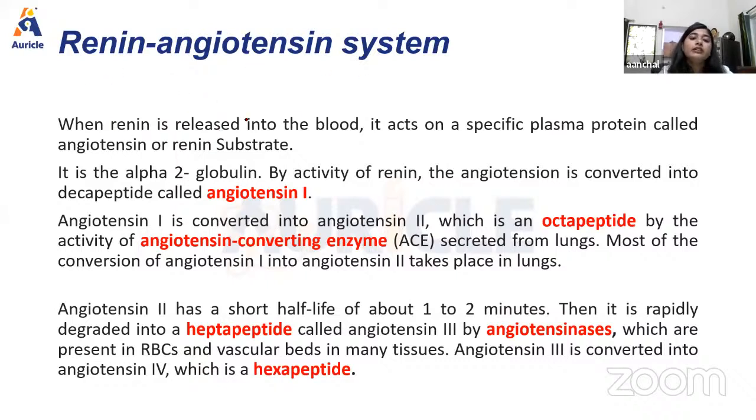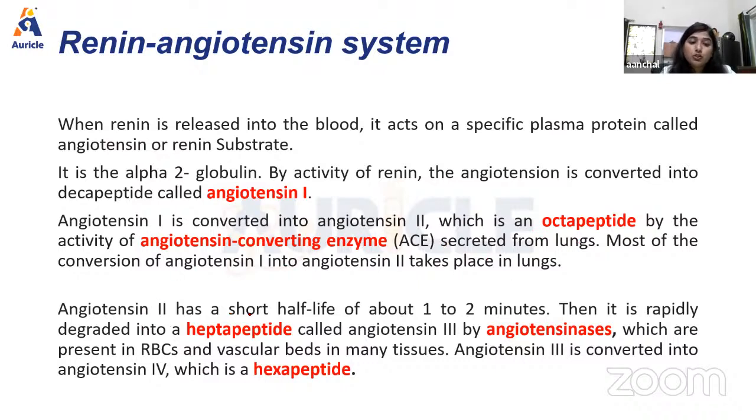Whenever renin is released into the blood, it acts on a specific plasma protein known as angiotensinogen or renin substrate, which is an alpha-2 globulin. By the activity of renin, angiotensinogen is converted to a decapeptide known as angiotensin 1, and angiotensin 1 is converted to angiotensin 2, which is an octapeptide, by the activity of ACE, which is secreted from the lungs, and most of the conversion occurs in the lungs.